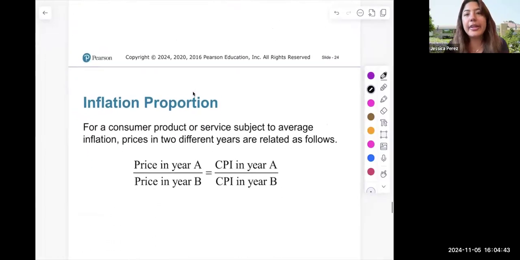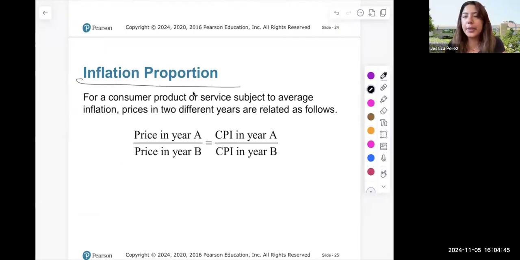Let's talk about inflation proportion. There exists something called the inflation proportion. So for a consumer product or service subject to average inflation, prices in 2 different years are calculated as follows. The price in year A over the price in year B is equal to the CPI. Well, what's CPI? Remember, Consumer Price Index.